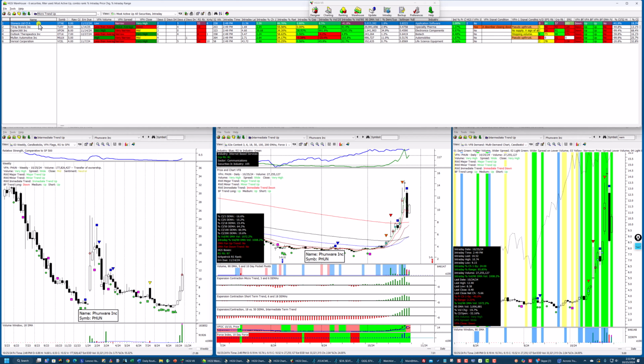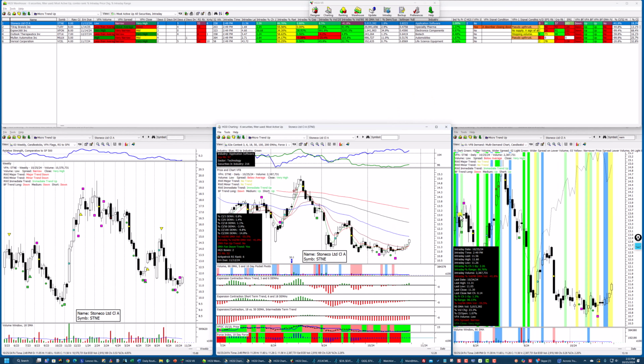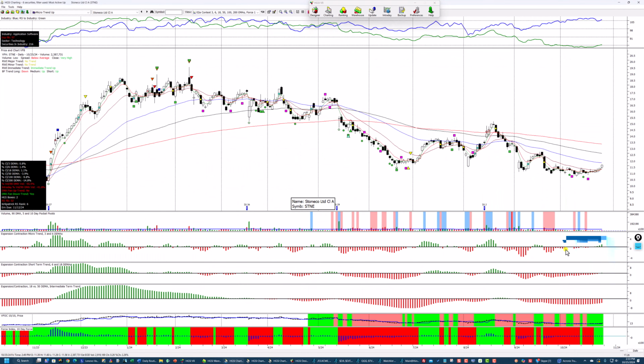Here is one, Stone Co. As I look at this, you can see that the 3 crossed the 6 3 days ago, and the VPOC crossed 6 days ago. But if I bring this up, and before today, you can see that the 6 and the 18 are crossing over today, but last night, the 3 had crossed the 6, and this was the beginning of a micro trend.